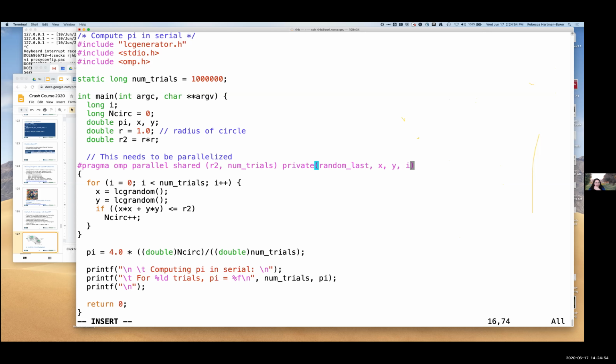It's going to be implicitly private when we make that for loop our parallel loop, but it's good to do it. Okay, and then what else? Anything else that needs to be private?